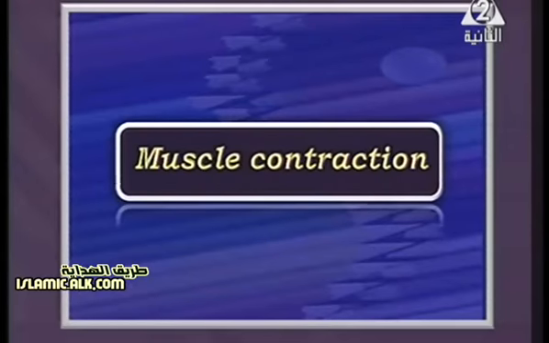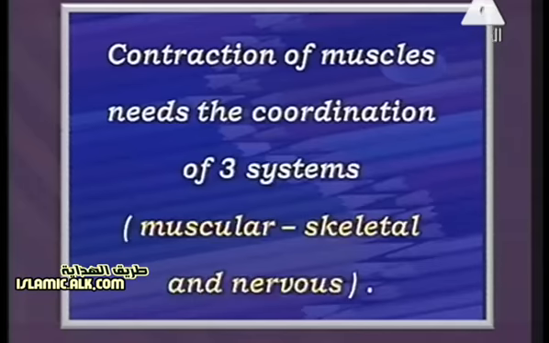After that, we need to know the muscle contraction. How the muscle contracts inside your body. I'm talking about the mechanism of contraction inside your body. Just focus here because we have dozens of pieces of information about this part. Well, the contraction of muscles is coordinated by 3 different systems: muscular, skeletal, and nervous, as we said.